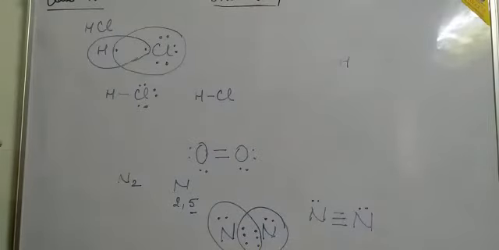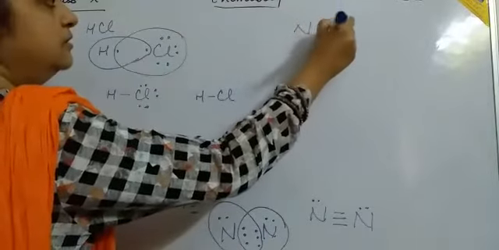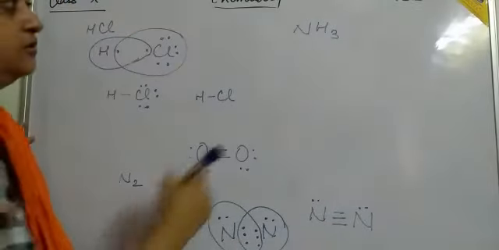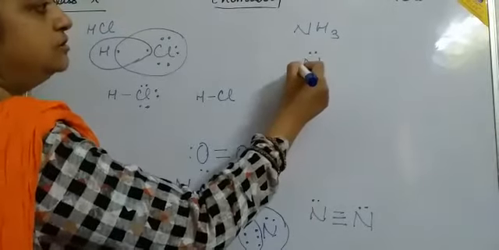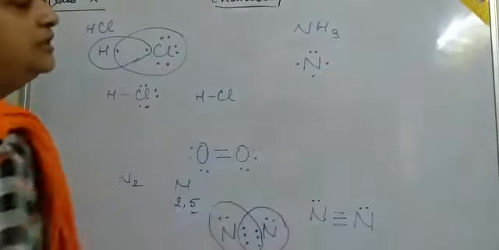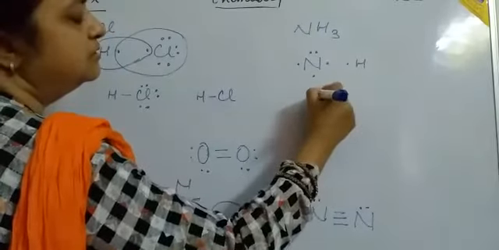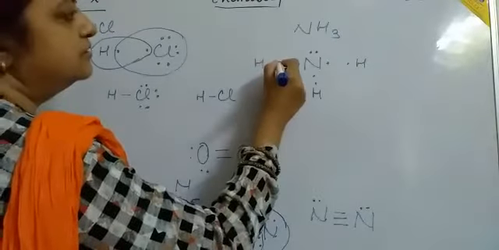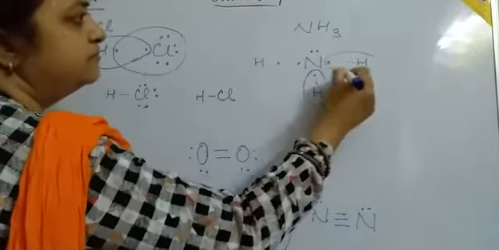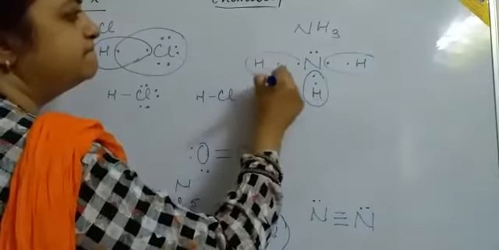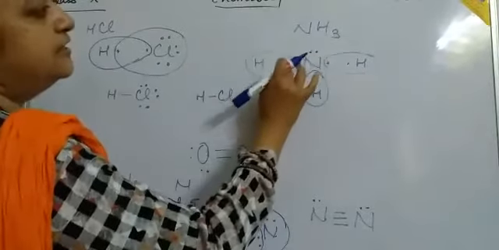Next example is ammonia. As we know that nitrogen requires 3 electrons to share. So for nitrogen, write 3 electrons like this, and hydrogen like this. First complete the duplet and then the octet. 2, 4, 6, 8.